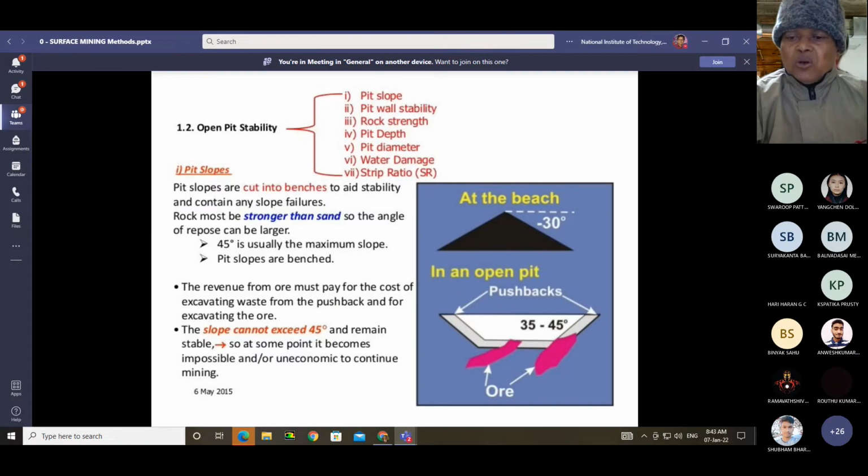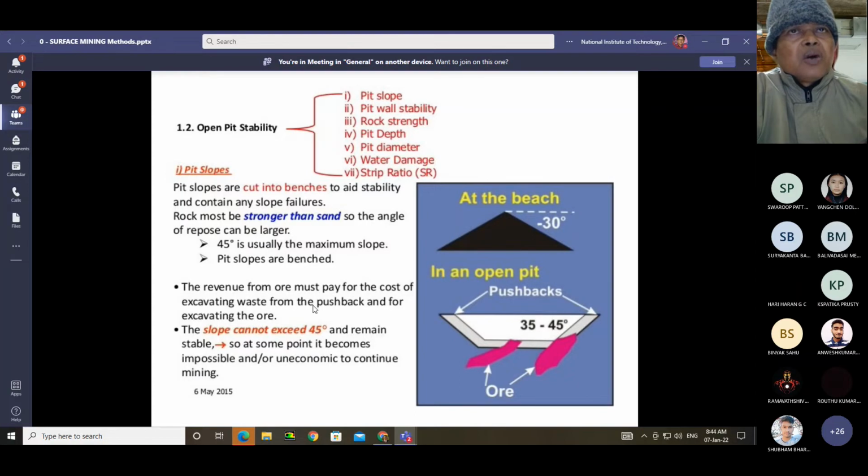You will go up to the depth where your revenue from the ore, the selling price of the ore, must pay for the cost of excavating the overburden material from the pushbacks and for excavating the ore. Your cost of mining should be less than the selling price, only then will you get profit. If you are not getting profit, then why should you go for mining?